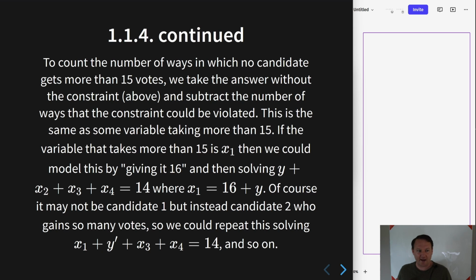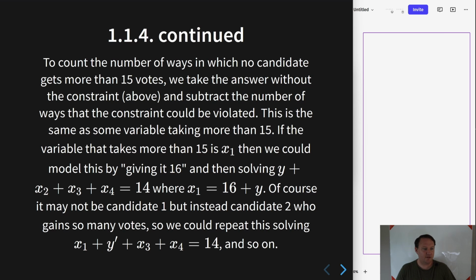So in a sense, x1 is the candidate who gets strictly more than half the vote. And y is now free to range from 0 up to 14, because we're already ensuring that x1 gets 16, so that leaves only 14 votes for the remaining variables to fight over. And so we'll now look at y plus x2 plus x3 plus x4 equal to 14.